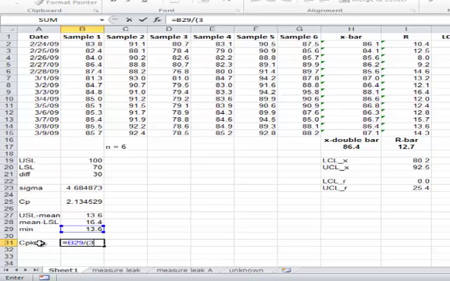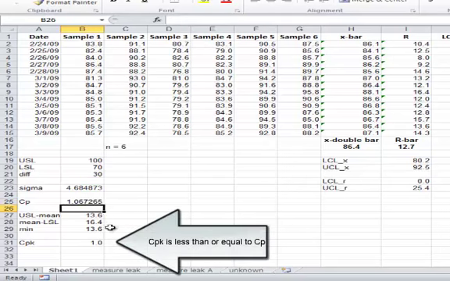3 times the standard deviation. So it's 1. Oops, this is supposed to be 6. It's usually 6. So we want that to be above 1.